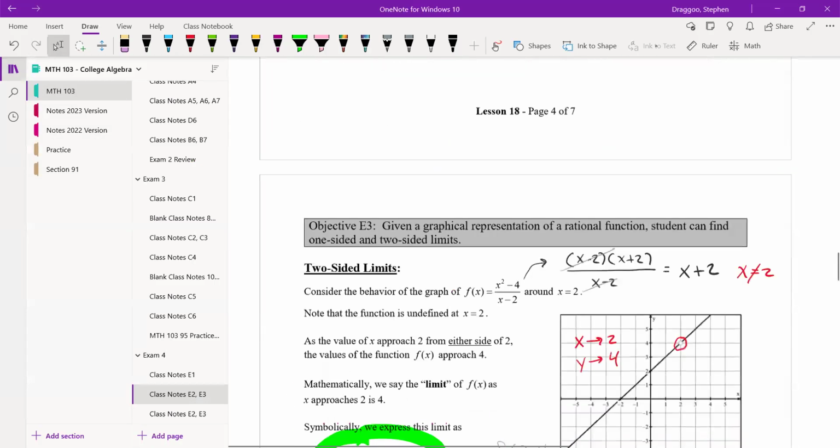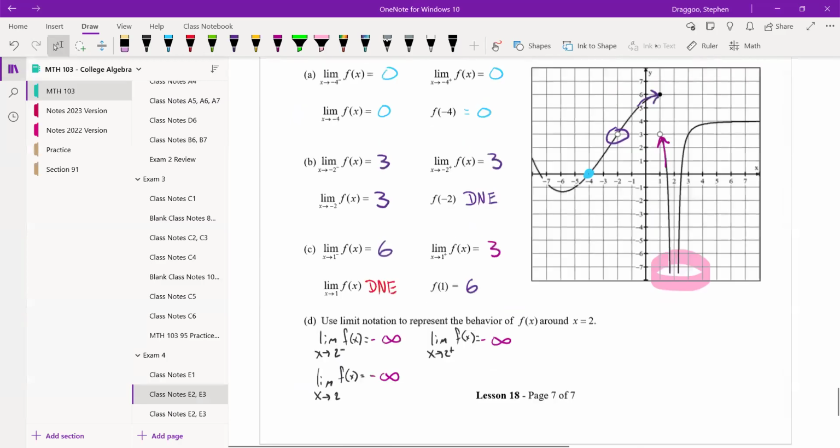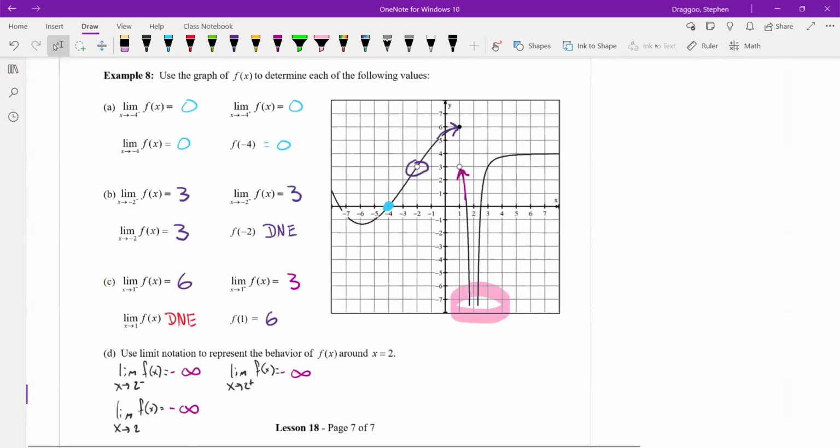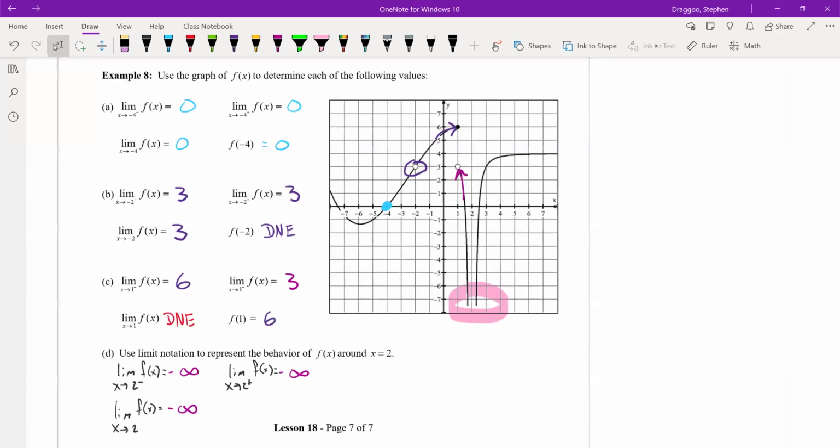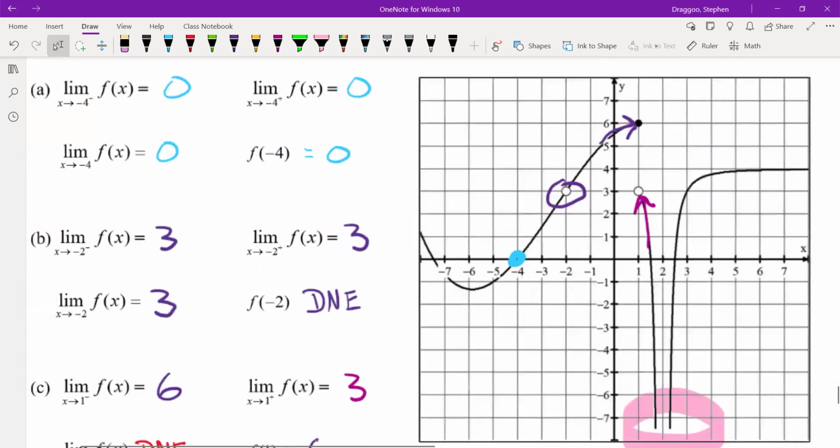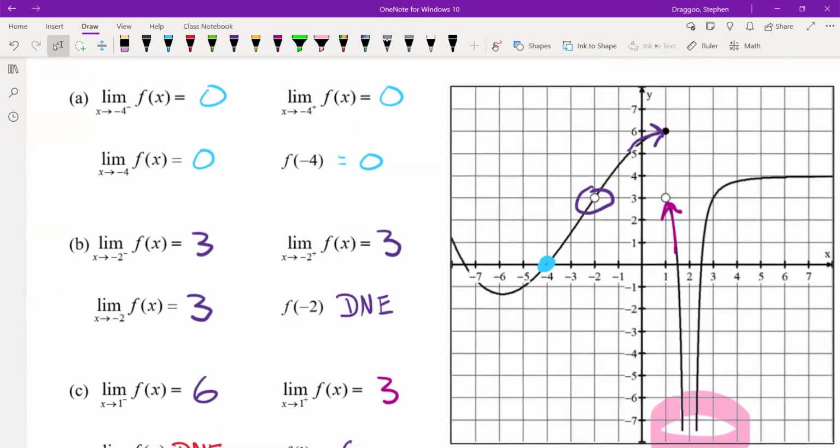To skip ahead in the notes a little bit, I want to take a look at limits, which is going to be all the way at the end. Graphically, there's another reason why we might want to talk about this limit, this idea of x being not exactly equal to, but close to some number.